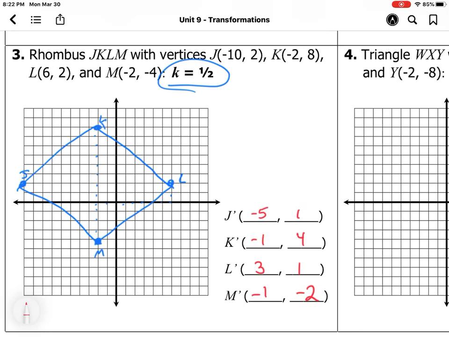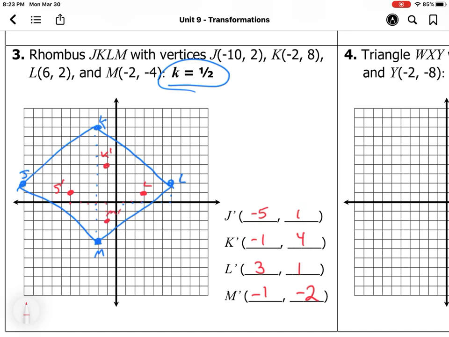Now, let's go ahead and graph this just so we can see the reduction. So we go 1, 2, 3, 4, 5, up 1. There is our J prime. We have negative 1, 4. There is our K prime. We have 3, 1. There's our L prime. And we have negative 1, negative 2.